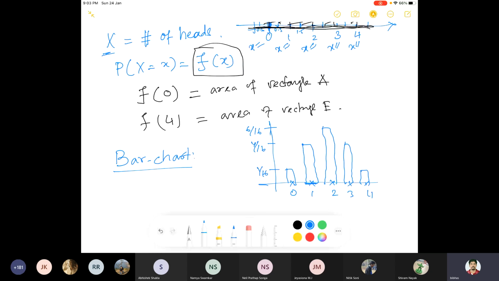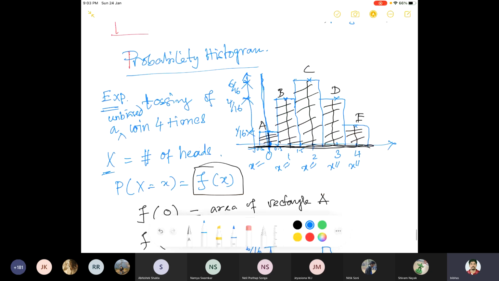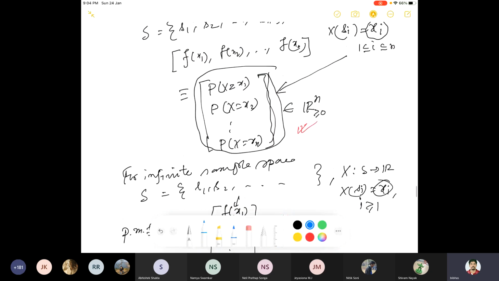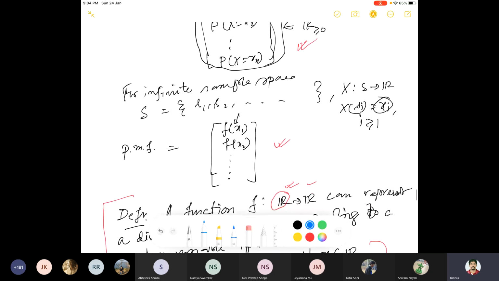Why is it required? You can just have a vector of all these values, which is just the points here. This defines a vector of all these f values like we defined last day, also called a probability vector. When you have a discrete random variable you can have this vector, but it may not give you an insight.